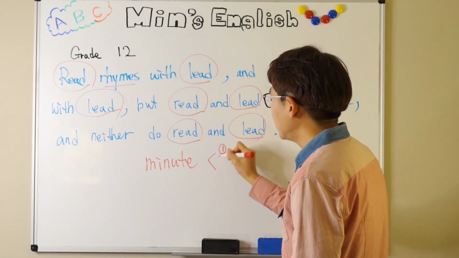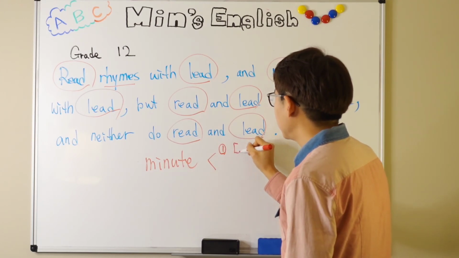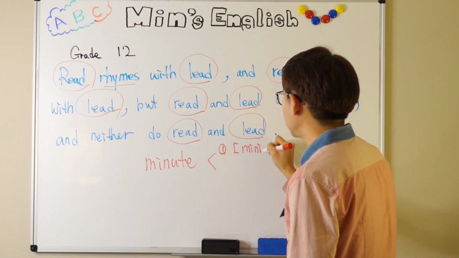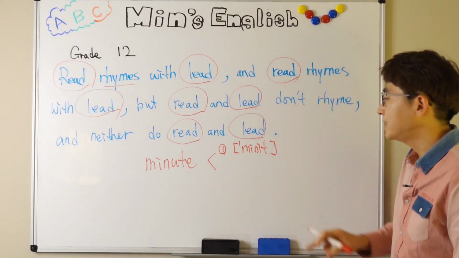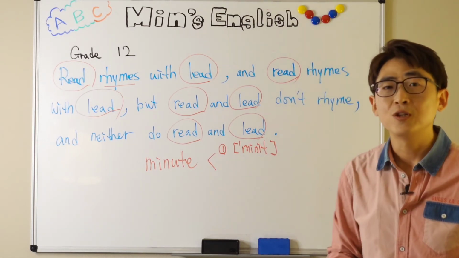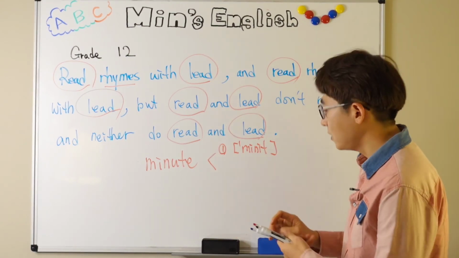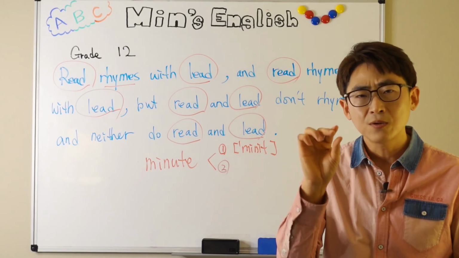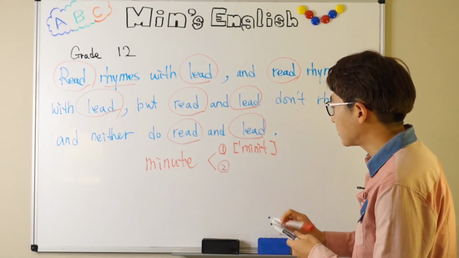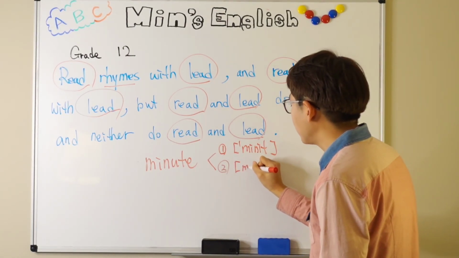First, the word minute is pronounced like this in a phonetic symbol, minute, and it is a unit of time. However, when it is used as an adjective to describe something so small, then the pronunciation becomes very different.